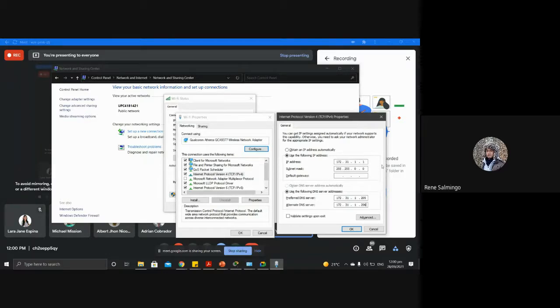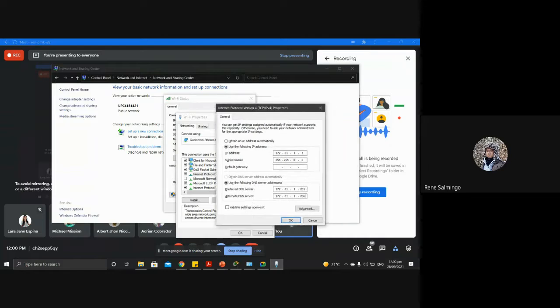So this is how you open your properties. If I have a wired connection, it's going to be Ethernet properties, but since I'm using Wi-Fi, it's going to be Wi-Fi properties. It differs depending on the computer that you're working on.